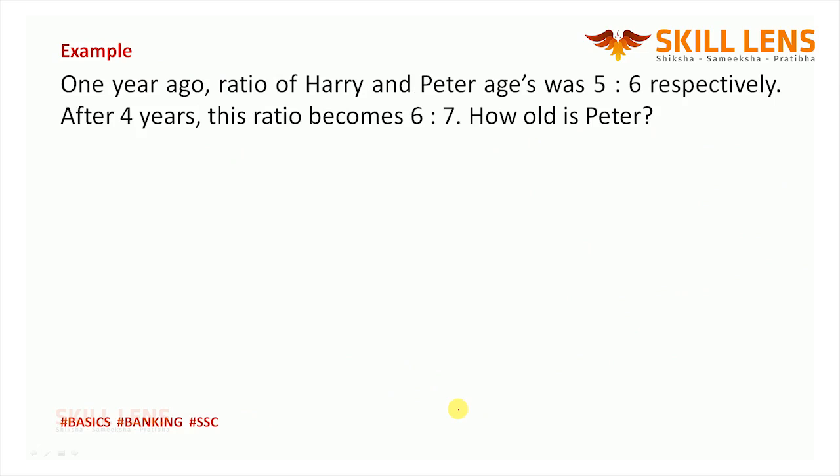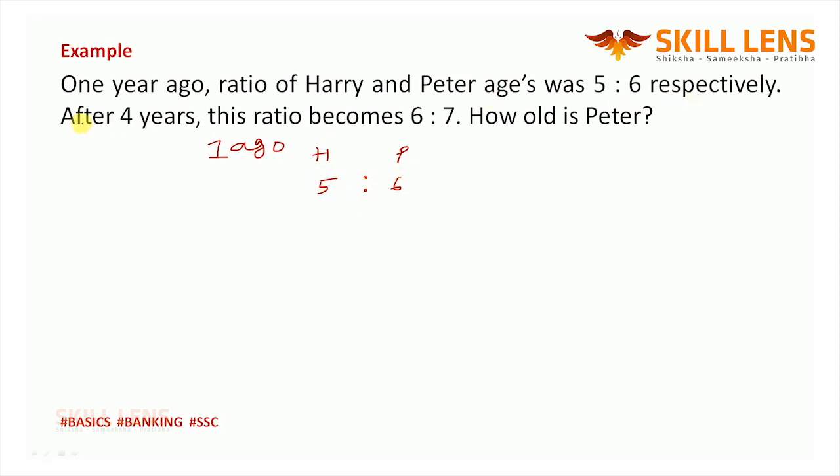Let's see one more question. 1 year ago, the ratio of Harry and Peter's ages was 5:6 respectively. So from present to 1 year ago, the ratio was Harry and Peter, what is the ratio? 5:6.